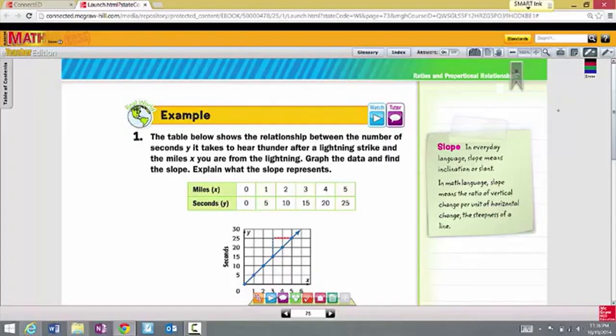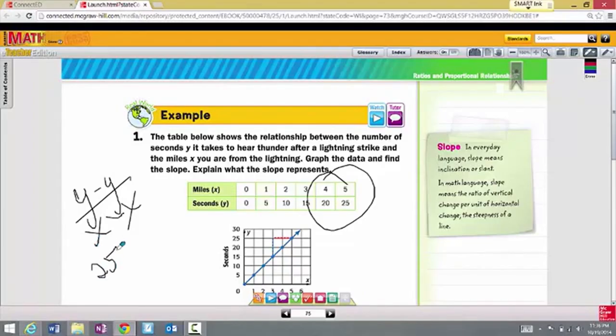So to calculate your slope, and again, I'm a fan of the y minus y over x minus x. So I would again start at the top end of your table, because you're going to be subtracting, so I think it's foolish to start at the bottom end. So whatever you start with in your y, you have to start with in your x, so that you're starting with the same point. So it's 25 minus 20 over, and then 5 minus 4.